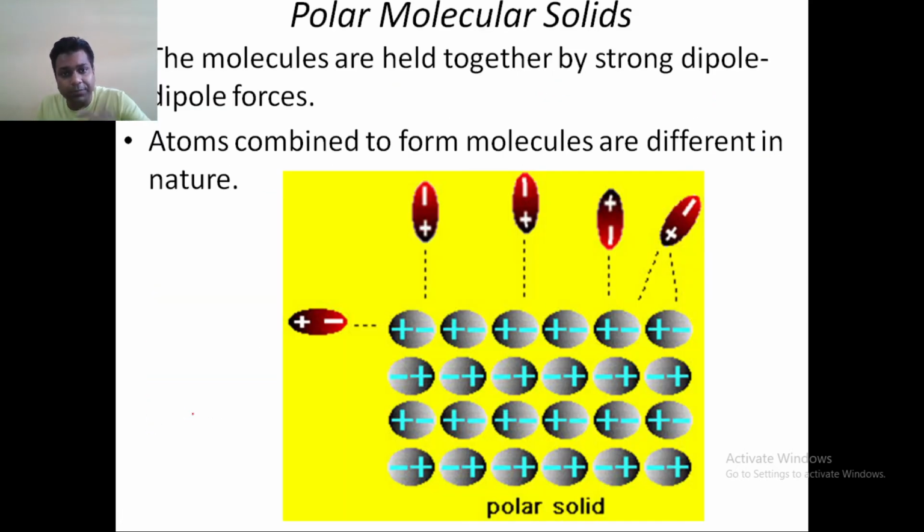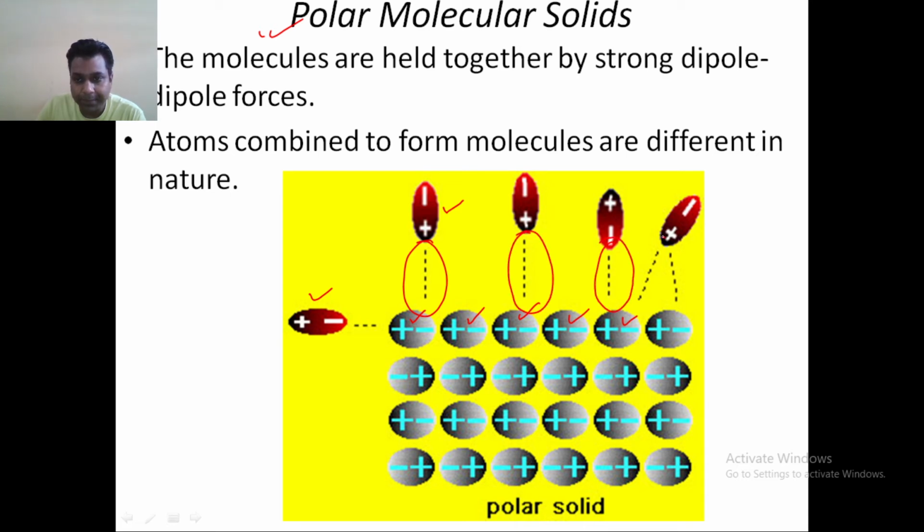Now the next discussion is polar molecules. As I discussed previously about the dipole moment, you can understand this dipole moment from this diagram also. As you can see, we have a particular arrangement of the charges in a particular manner. All the positives are in this way, again positive in this way, and then we have a force existing between the dipoles. So this is the nature of polar molecular solids.